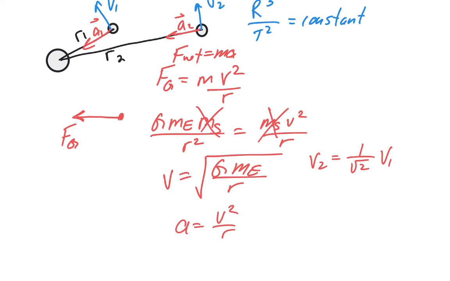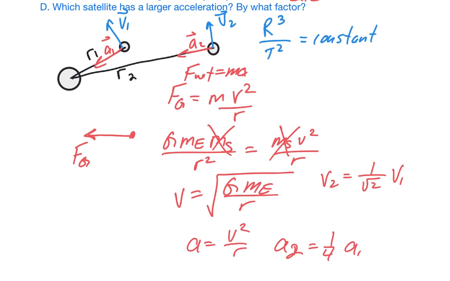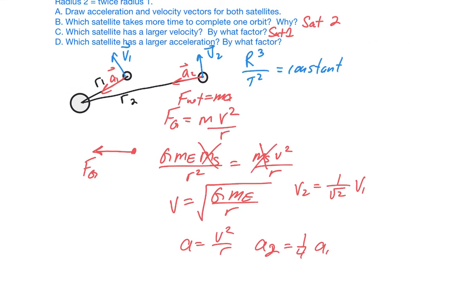So when the radius increases by a factor of 2 and velocity squared decreases by a factor of 1/2, I should be able to see that A2 is going to be 1/4 of A1. Okay, so if you need a little help with that, take a look at this again or come in and get some help.